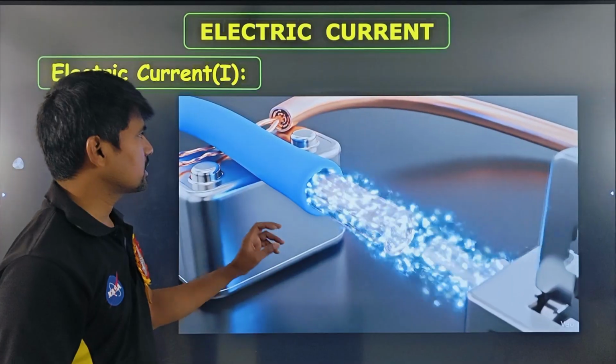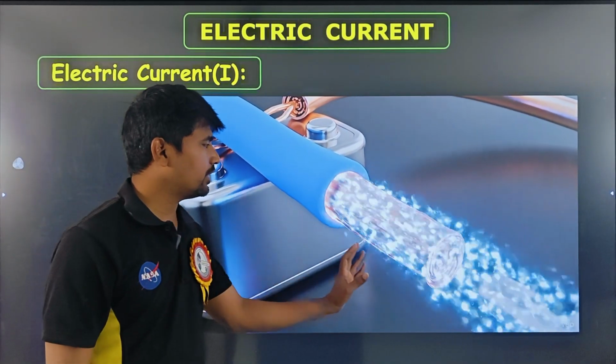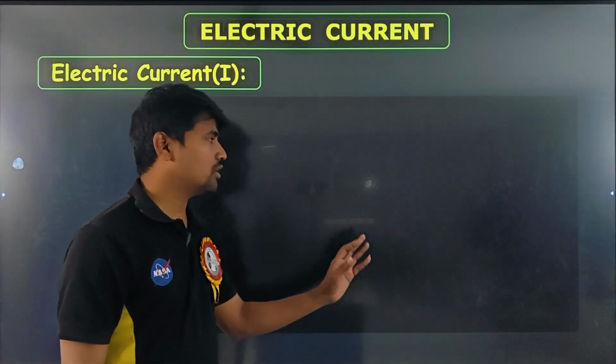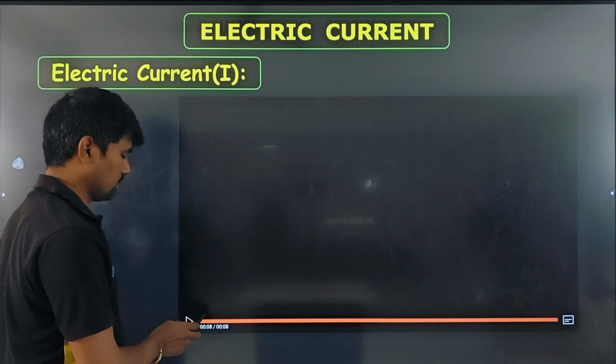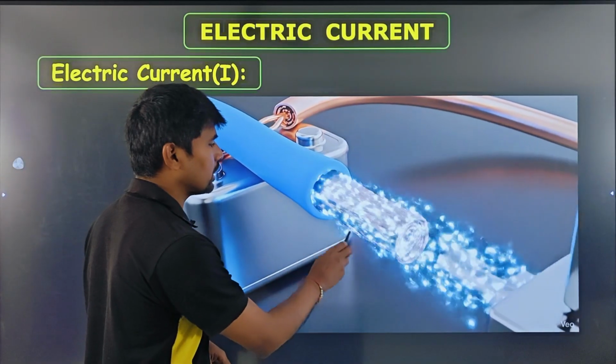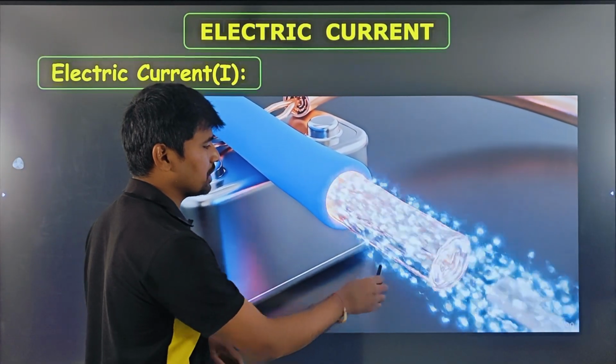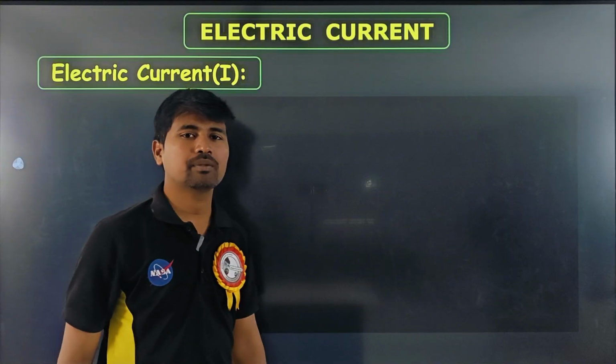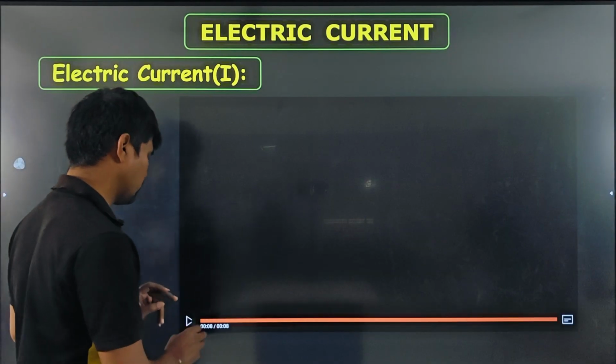Just imagine this. In the copper wire there is a flow of charge. The electrons are flowing through the conductor of area of cross section A. It is in the shape of a circle, right? So flow of electrons.